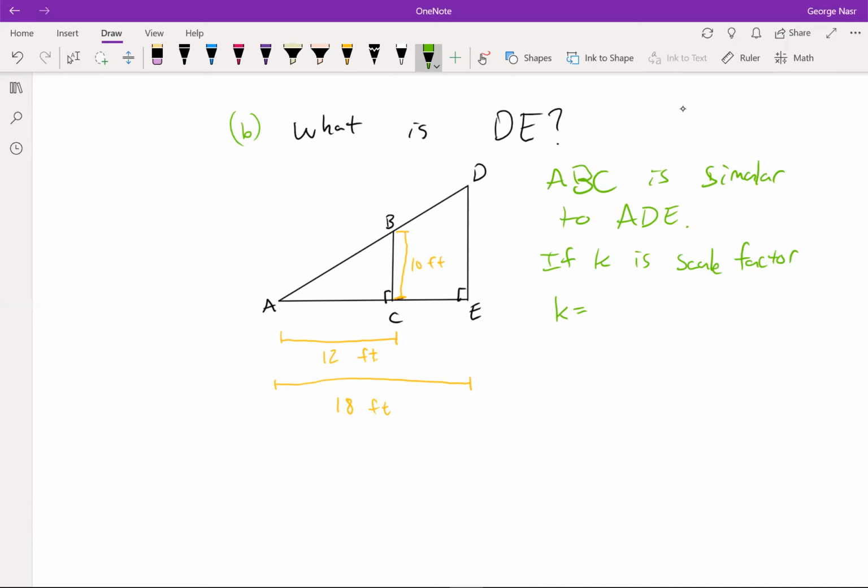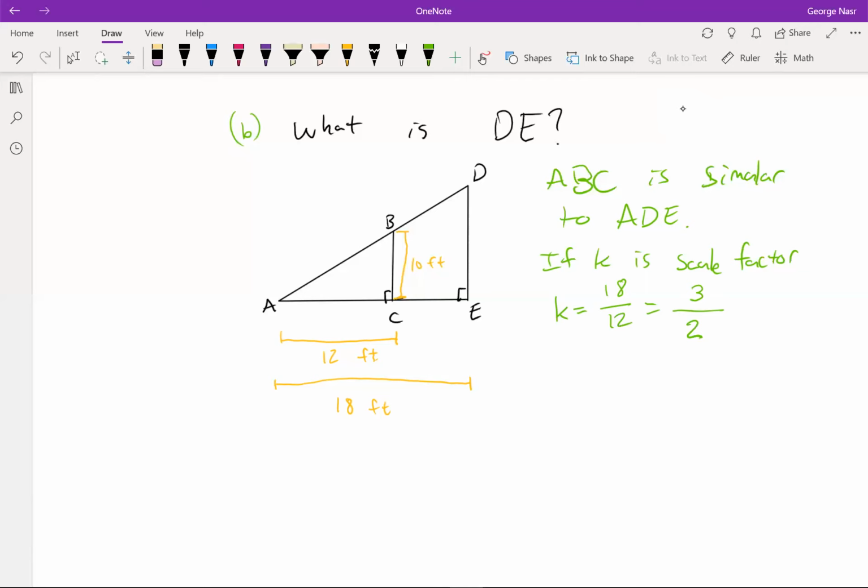Well, I can just use the fact that I know the two lengths of the bottom sides, right? We scale the picture by 18 over 12, which is 3 over 2.